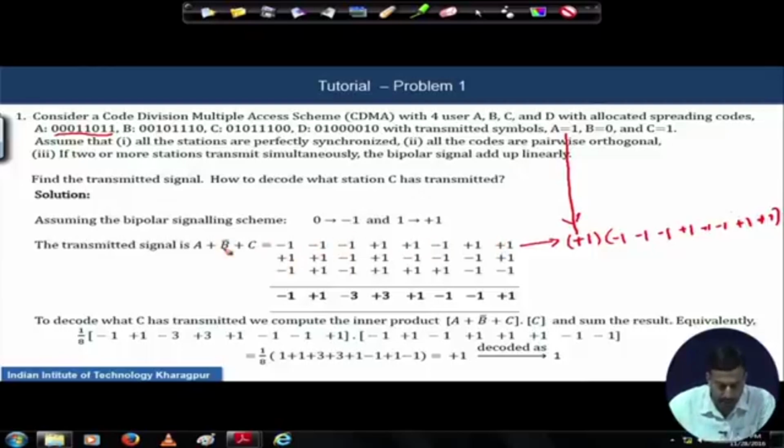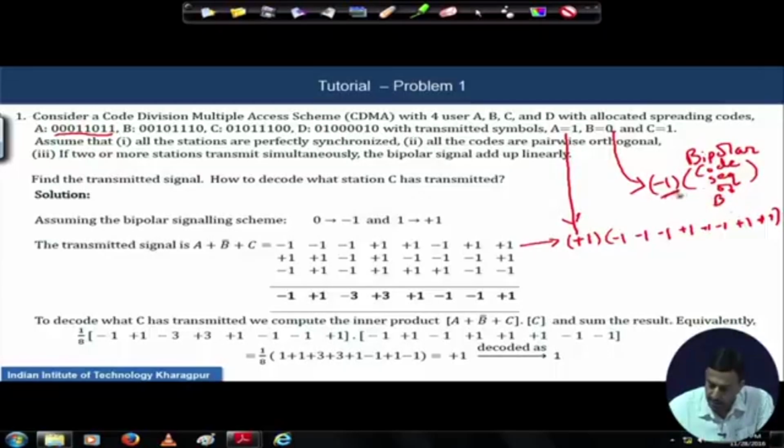In a similar manner we can obtain the spread signal due to B, which is now 0 multiplied with the code sequence of B. So in effect, since 0 gets mapped to minus 1, this 0 is a minus 1 and this is going to be multiplied to the bipolar code sequence of B. Since we are multiplying it with minus 1, effectively the resultant sequence is nothing but the inversion of B. That's why we have denoted it by B complement, where the complement sign basically means that we are inverting every bit and then mapping it to the bipolar equivalent.